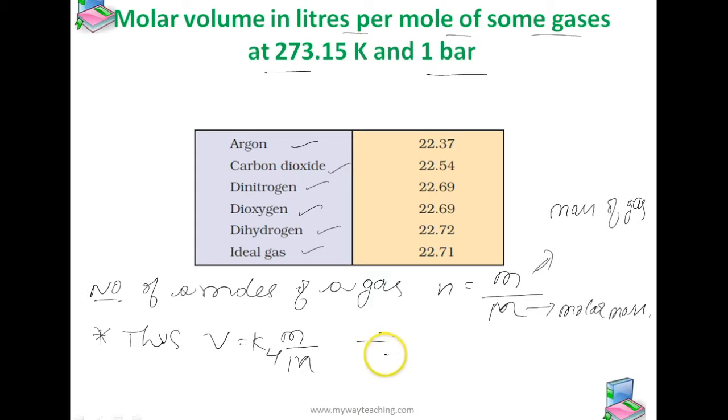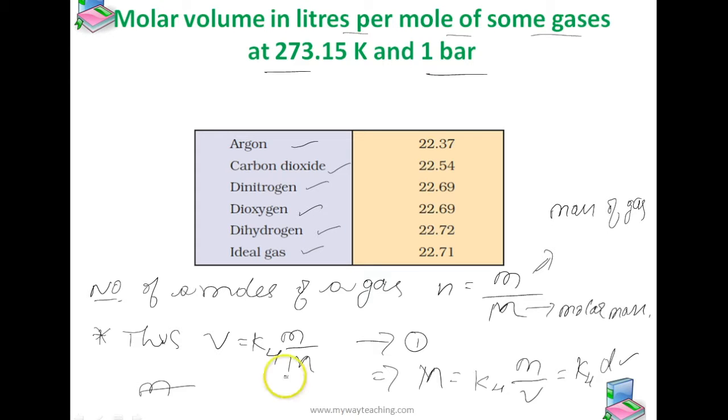So that equation, this is 1, can be written as m is equal to K4 into D, where D is the density.